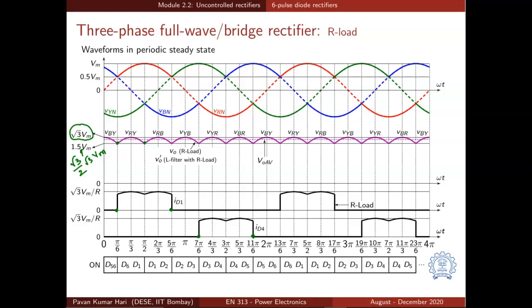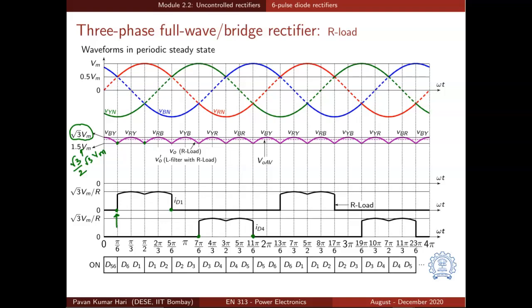It is also worth noting that D4 starts conducting right 180 degrees after the starting instant of the conduction of diode D1. So D1 has started conducting at 30 degrees. So D4 will start conducting 180 degrees later, that is at 210 degrees. And of course it will stay conducting for another 120 degrees, that is up to 330.